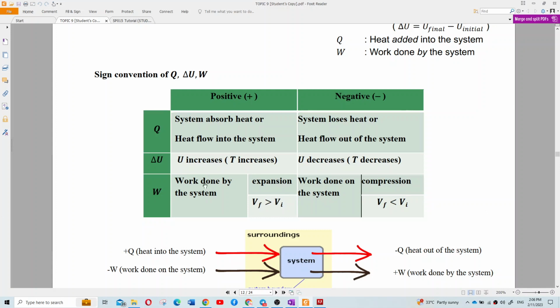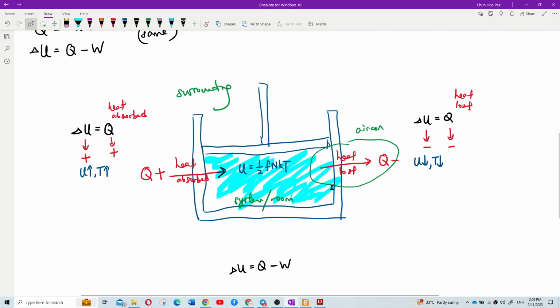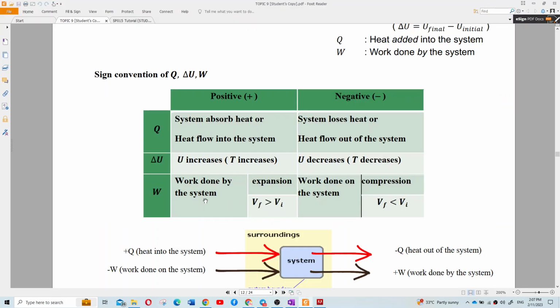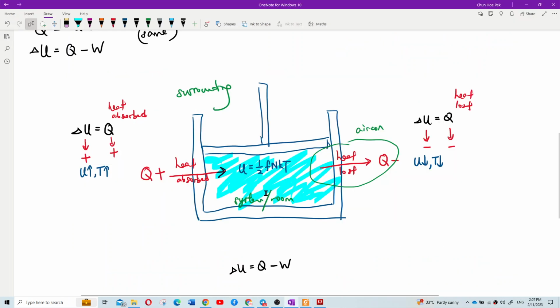So what is meant by work done by the system? Expansion. Work done by the system means the system does work. How does the system do work? If the system, or the gas inside it, is able to expand and push the piston up.